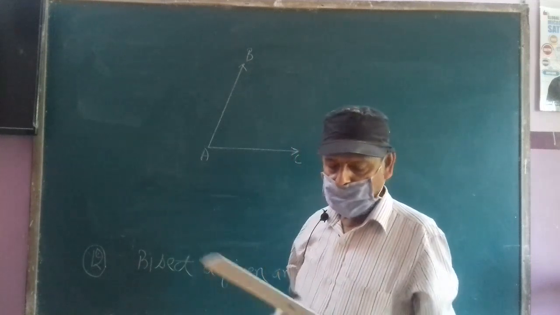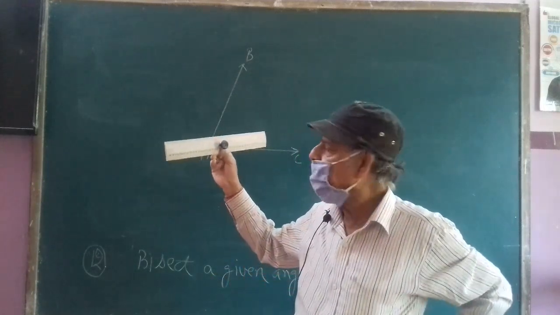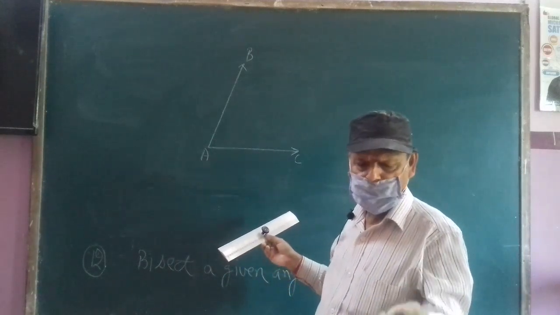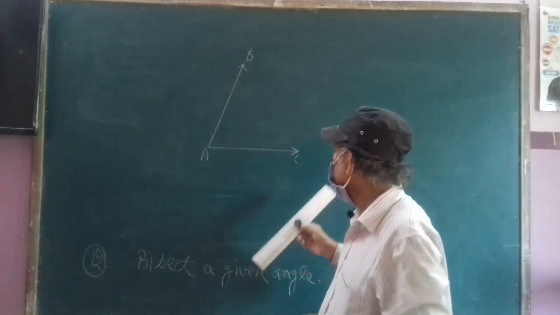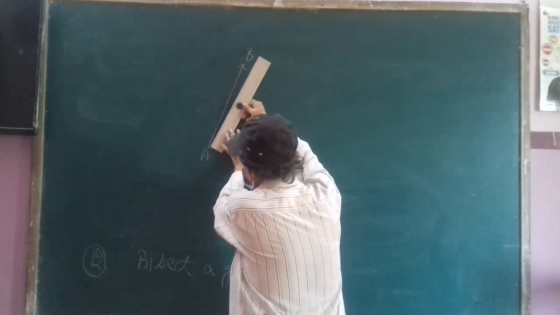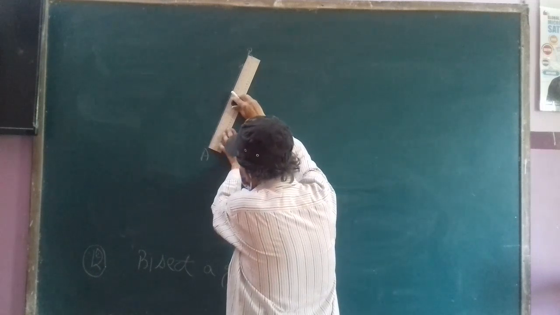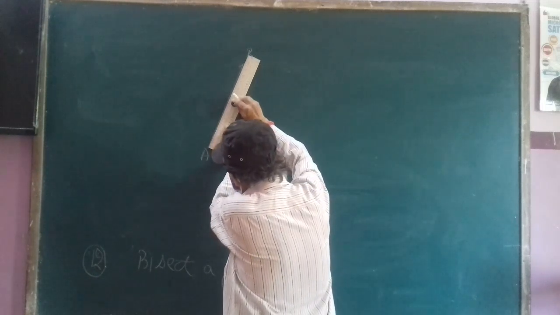Now, you can do one thing. You take your scale and mark anyway, maybe 2 centimeters, maybe 3, maybe 4. So I am measuring here from A on AB.